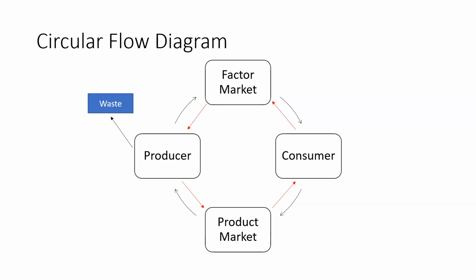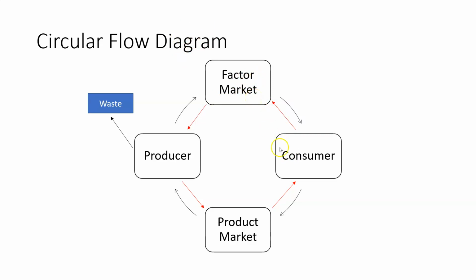Selling our ability to work means we look for a job, and we look in the factor market, whether that's as simple as going online to look at monster.com or whatever the current job posting site is, or you look in the paper, or you go to a store and you say, hey, are you hiring? Whatever. But that's the factor market. That's where you and I go to sell our ability to work.